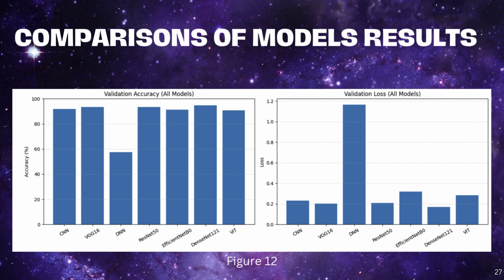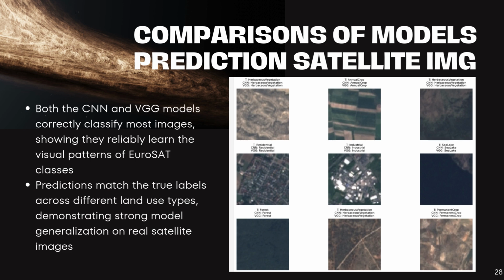Here's the comparison of all models, CNN, VGG, DNN, all these, and some of them had high accuracy actually. Here's a simple model prediction showing CNN and VGG, which one predicts better. Here it is around the same because they're both above 90%.